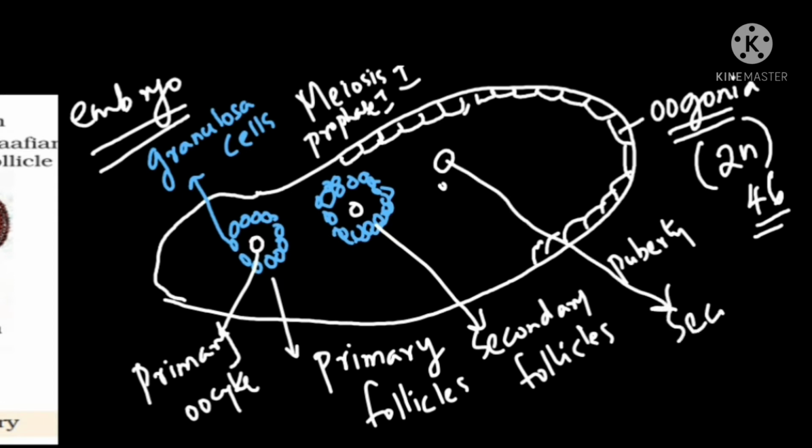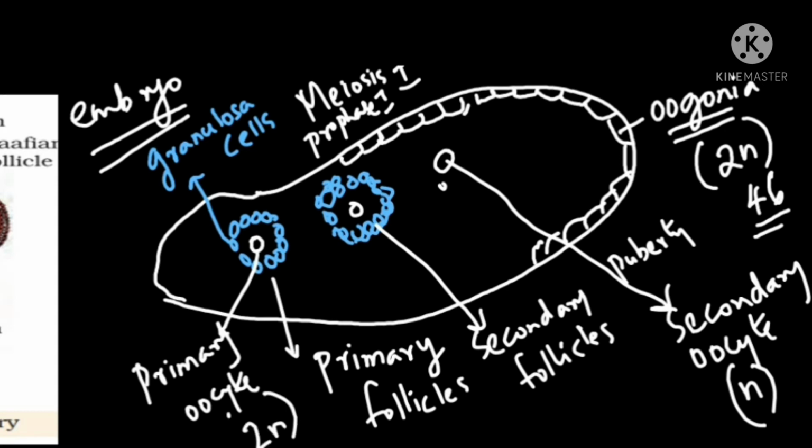When is the secondary oocyte produced? It is during the puberty stage of the female, and since it is a product of completed meiosis, it will be haploid. Whereas earlier, whatever cells were there like the primary oocyte and all, they were because of mitosis, so they will be diploid. Secondary oocyte is haploid.